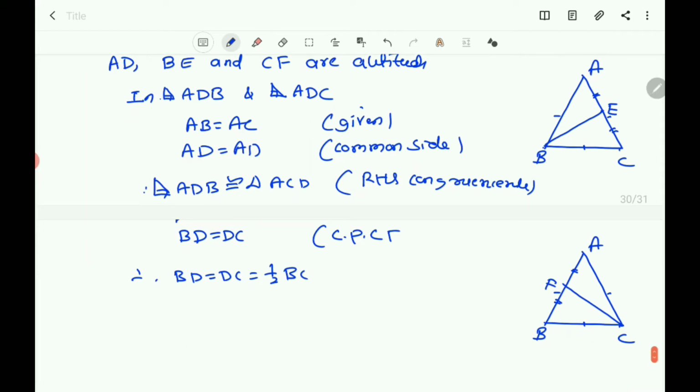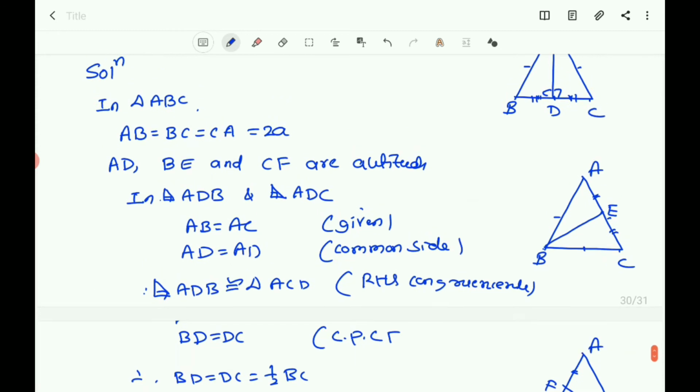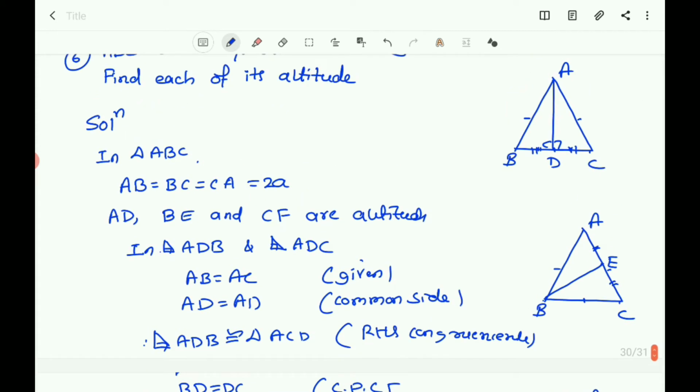Half of BC means BD is equal to DC is equal to half into 2A, so you will get A. Half into 2A means A. Now you apply the Pythagoras theorem to the triangle ADB.